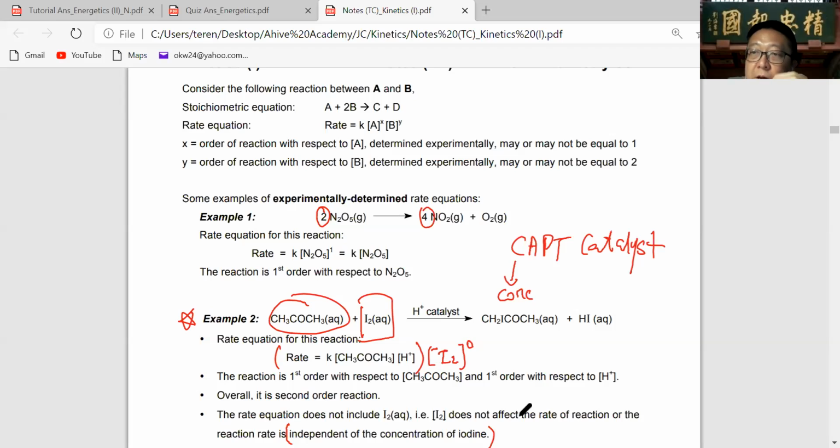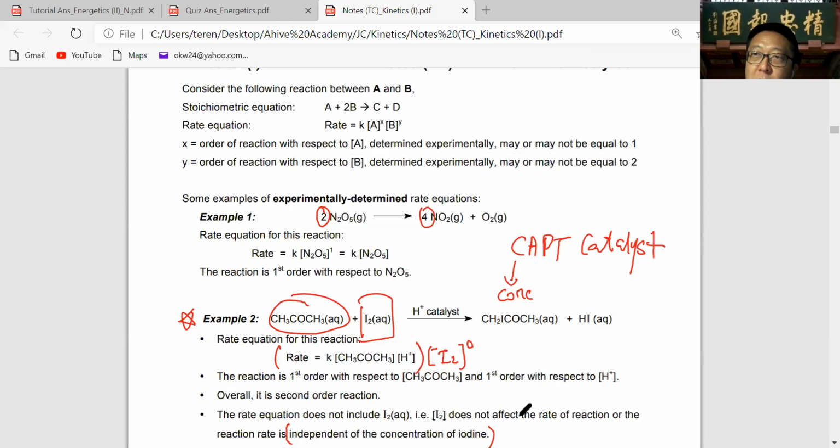Thumbs up, you all, if you understand what I'm talking about. Because I need to go deep inside this concept so that you all can rewind, delete some files from your O-level days, so that you don't get trapped inside this box: concentration affects rate of reaction. It's not true. But if I were to teach this to an O-level student, they would look at me and ask, what do you mean by zero order, first order?